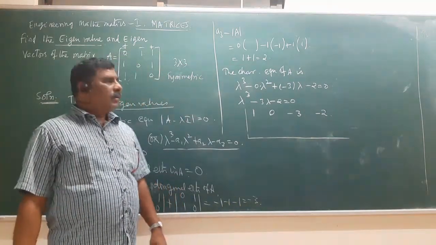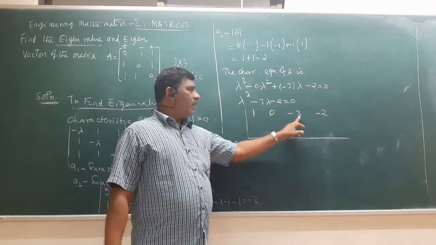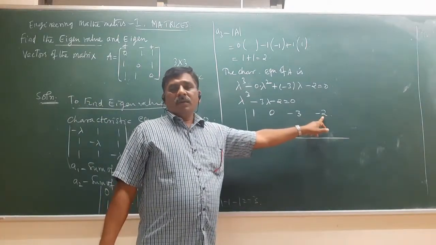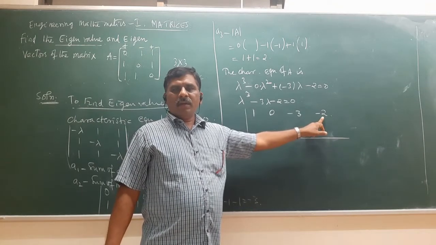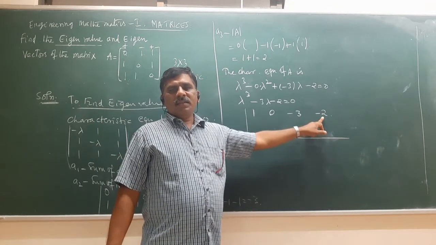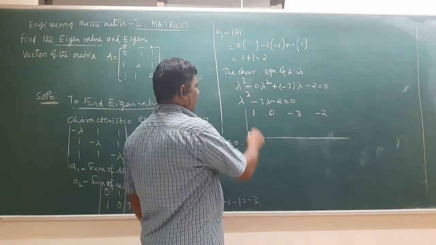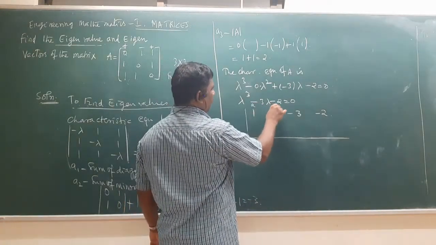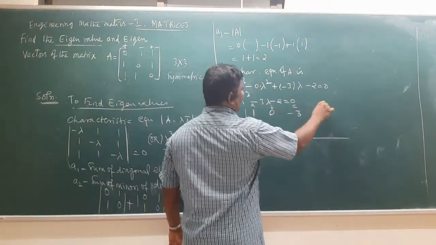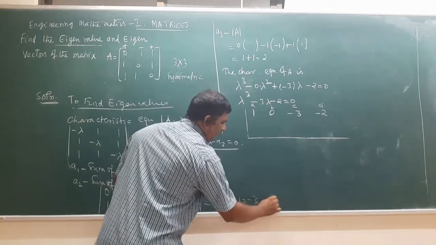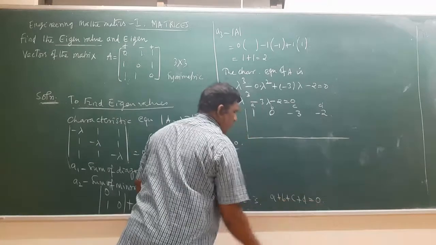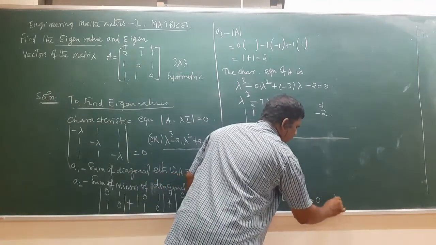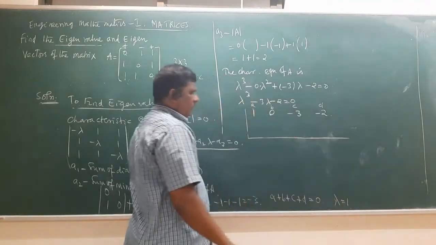If we add all the values and it is equal to 0, then one of the roots is 1. For example, if the coefficients are a, b, c, d, and a plus b plus c plus d equal to 0, then the root is 1.